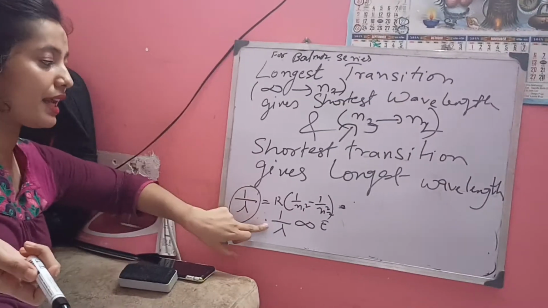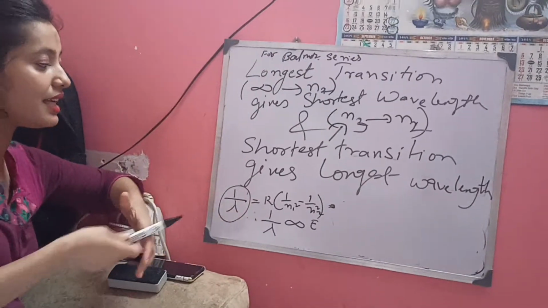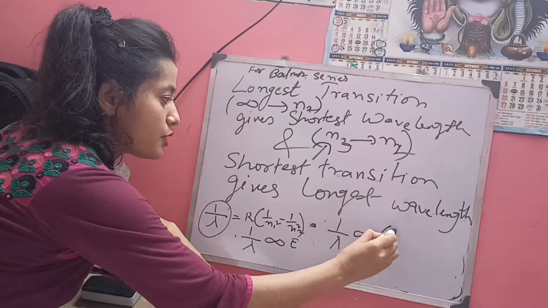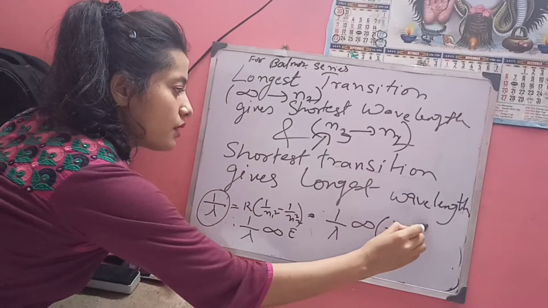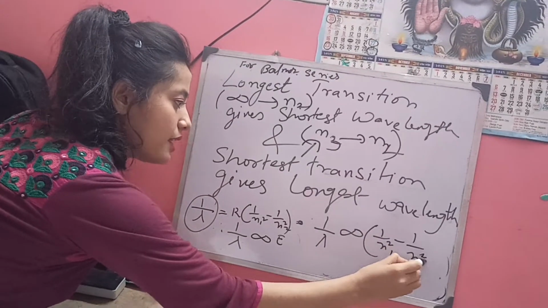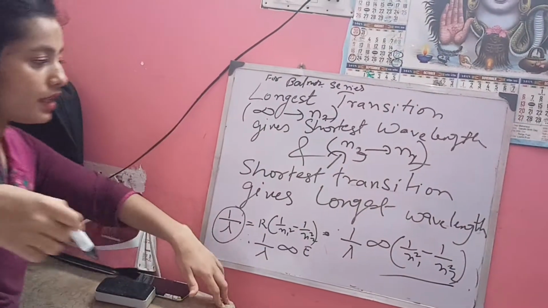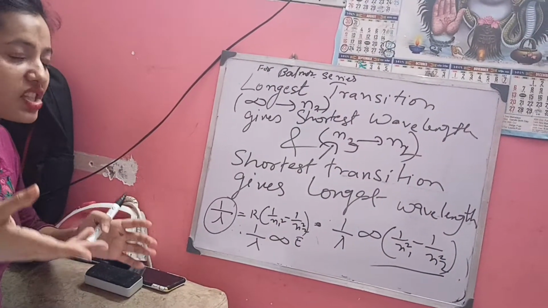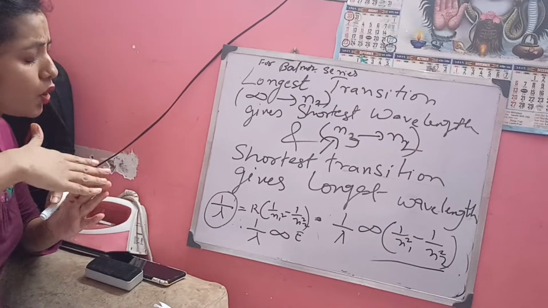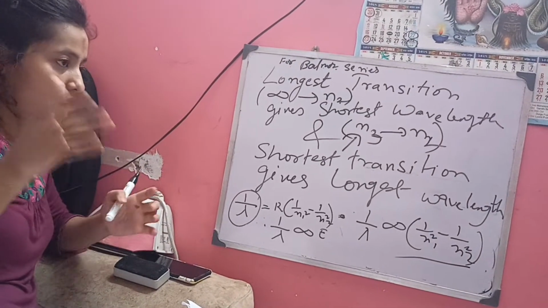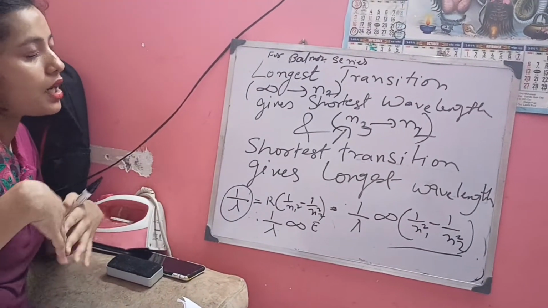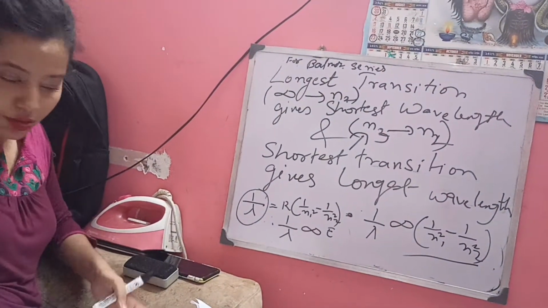So 1 by lambda is basically proportional to the energy, and to the transitions. Since lambda and the transitions are inversely related, a greater transition would mean a shorter wavelength, and a shorter transition would mean a greater wavelength. Is that clear to you?